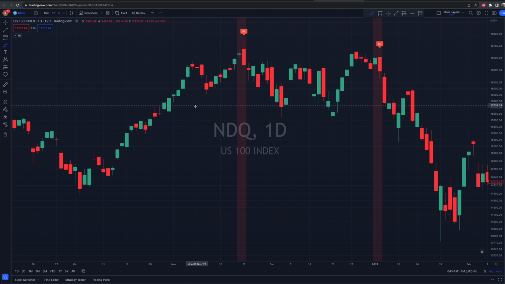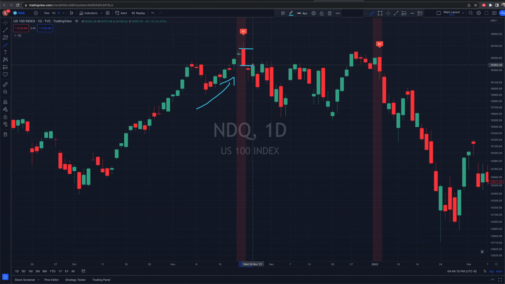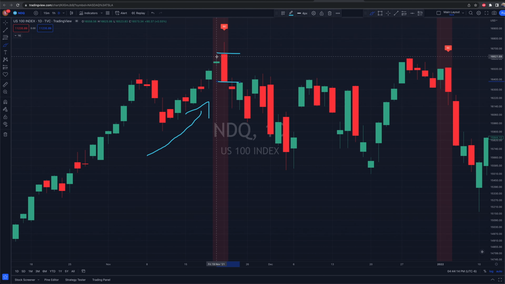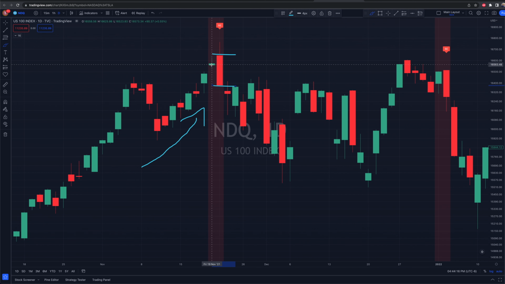So we have a move to the upside. Okay, cool. We don't necessarily need an uptrend here for this pattern to play out, but we have a candlestick that gets completely engulfed. The entire wick, the entire body is completely engulfed by the next day. So in this situation, we have a day here on Friday the 19th on the bottom of our screen. The next day, we open up here.